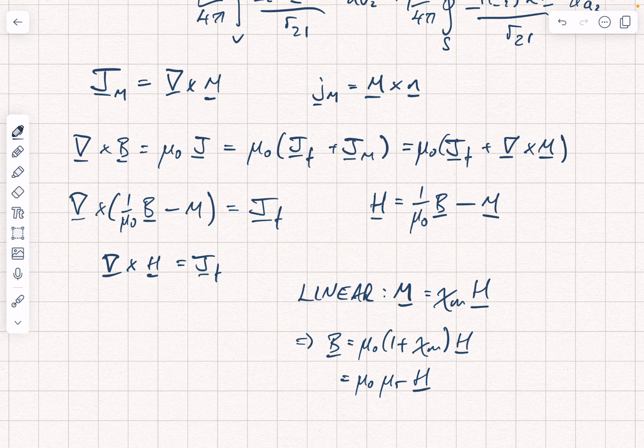Most materials have a very, very small chi. Certain materials, for instance iron, known as ferromagnetic materials, have a very large response and they are highly, highly nonlinear.